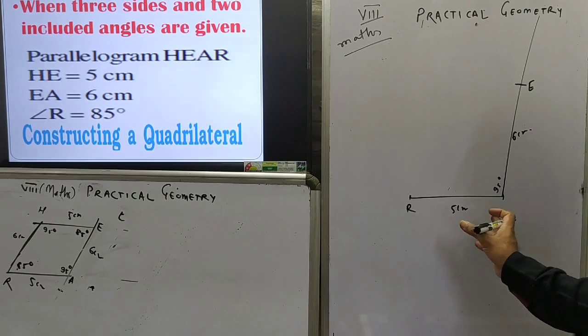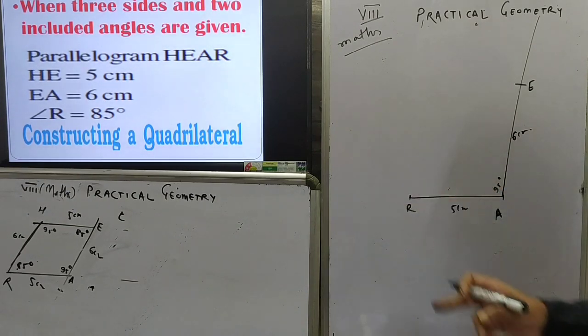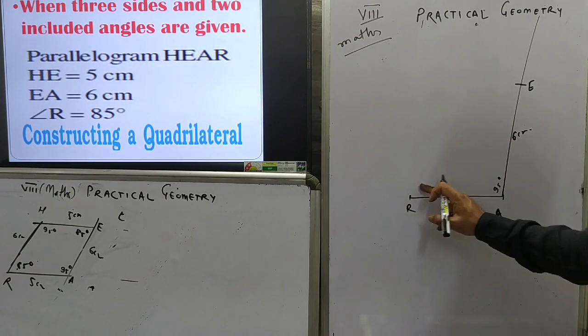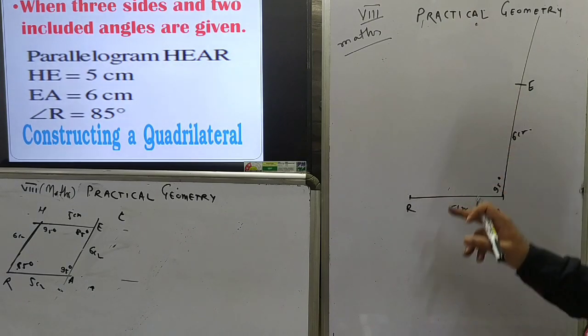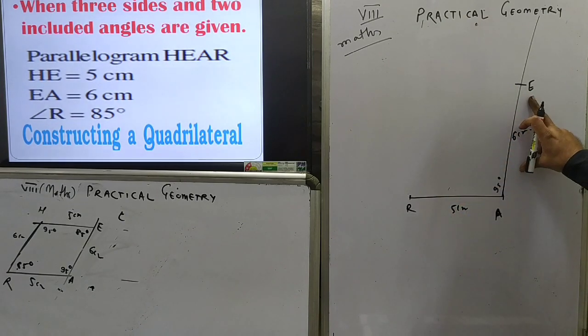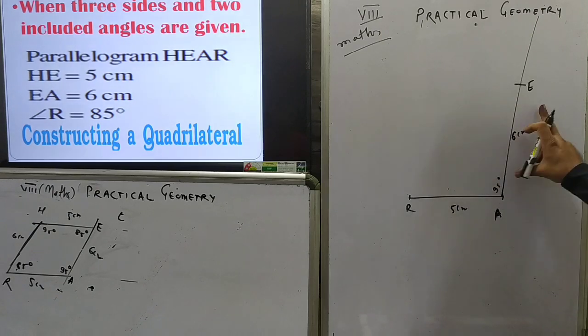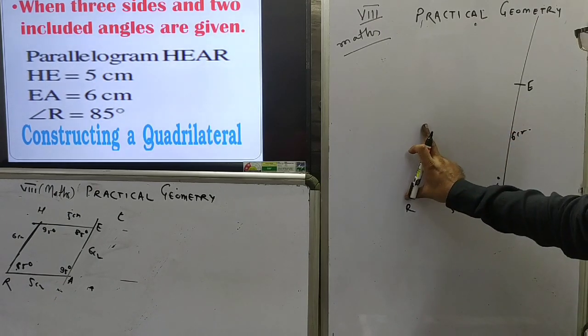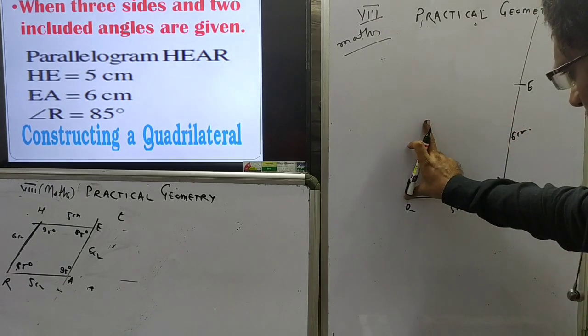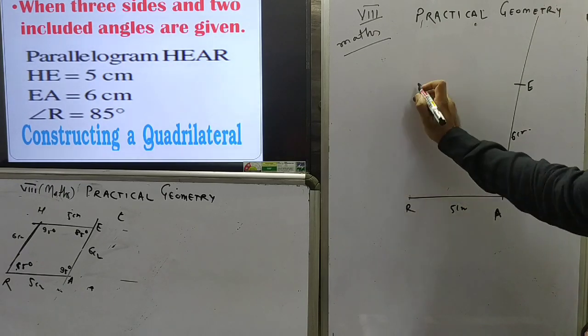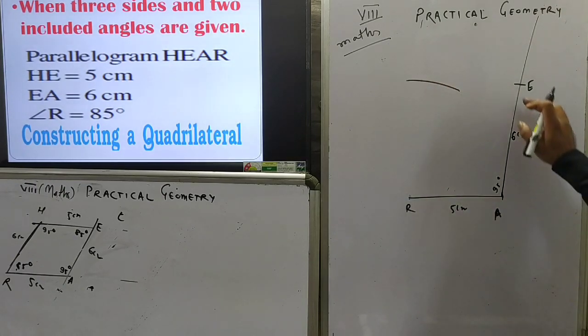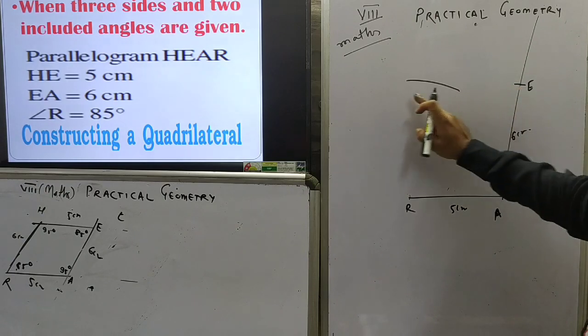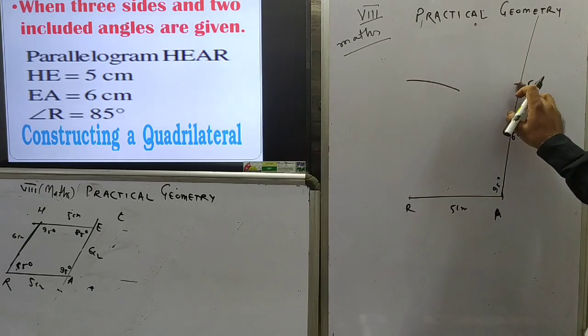Now you can get the remaining point H by using these two angles also, or by using this length, and this length is the same, so this is 6 centimeter. You can draw another arc with radius 6 centimeter and center at R. And from E to this H is 5 centimeters.